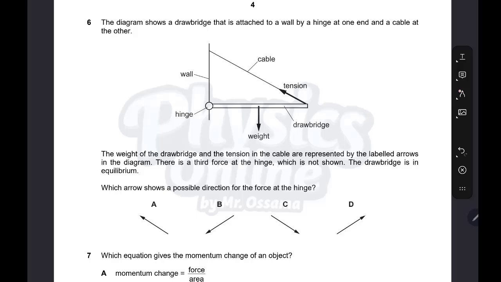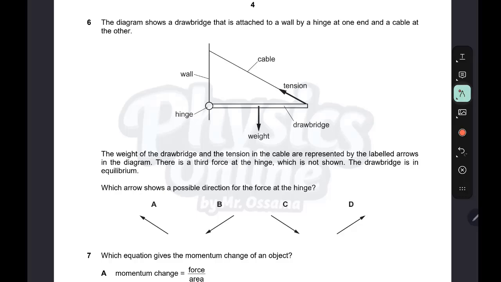The drawbridge is in equilibrium. Which row shows a possible direction for the force at the hinge? We have this rod, a force here, the weight, and another force here, the tension. The weight is directed downward and the tension is directed upwards.